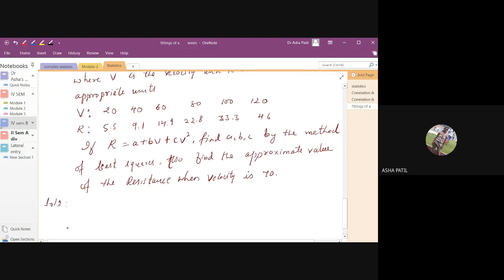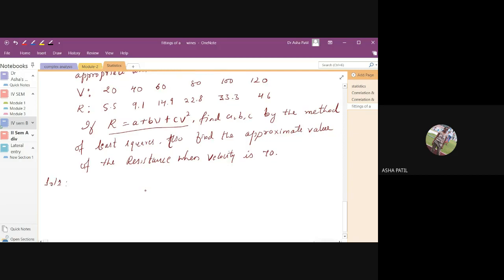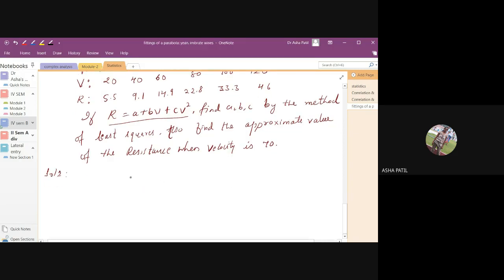So now instead of x and y, values are given in terms of V and R, and they tell you in what form you have to fit the equation. Where it is mentioned it is a parabola, it's a quadratic equation. First take the equation and write the normal equations, then you will come to know what all you have to find.